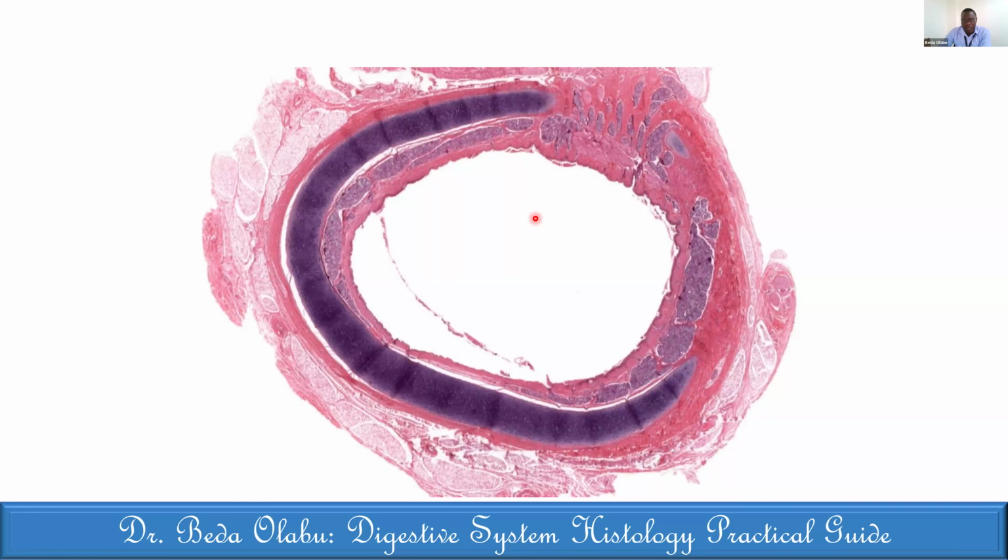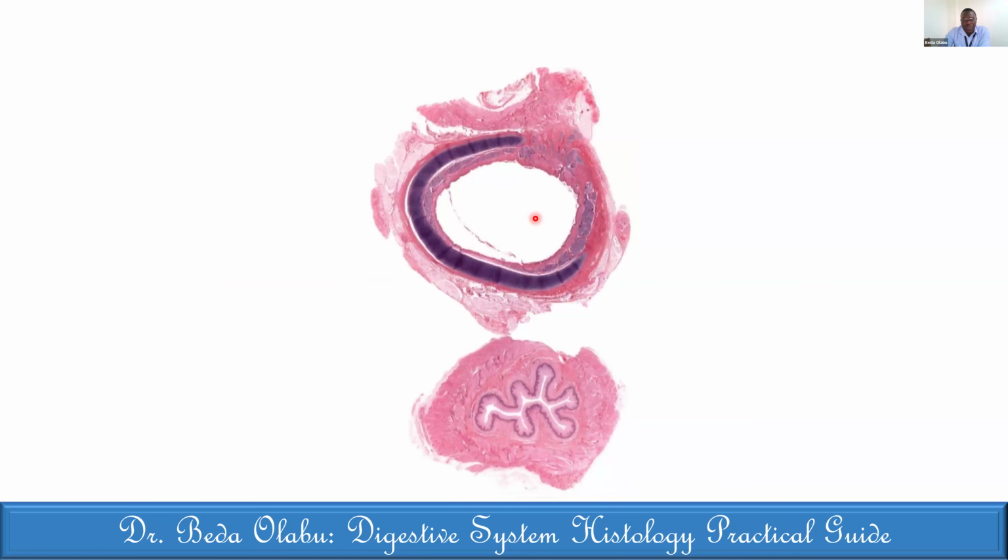I brought this up so that I tell you that most of the slides that we have of the esophagus will be slides that have been captured together with trachea. So when you look at them in the microscope, you need to know which side is actually the esophagus and which side is the trachea. This one is trachea and this is esophagus. This, however, has been displaced in this slide.